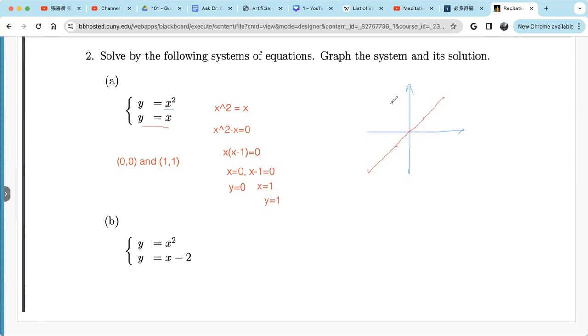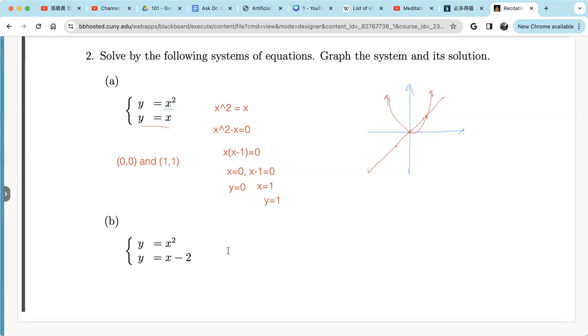And y equals x squared is a parabola, right? It's an upward parabola, something like this. You see they intersect at 2 points, at (0, 0) and at (1, 1). They intersect at the 2 points.